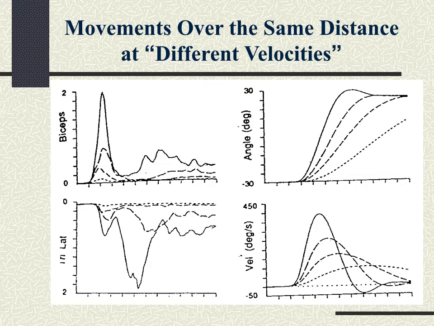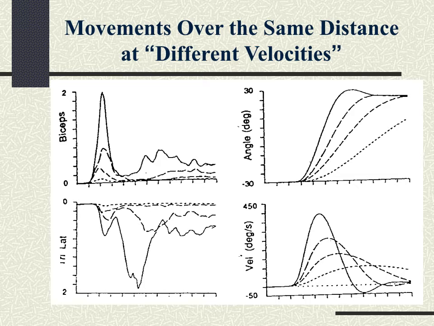All right, so when they studied movements over the same distance at different velocities, the top left is the bicep and the bottom left is the tricep. We see the angle in degrees in the top right and the velocity in degrees per second in the bottom right. You can see an increase in the rate of EMG rise, the peak value, and the area of the first agonist burst.